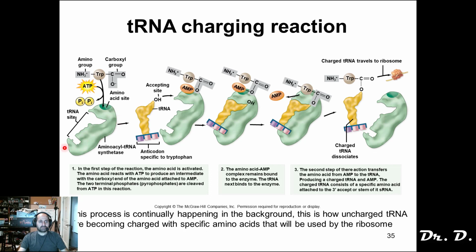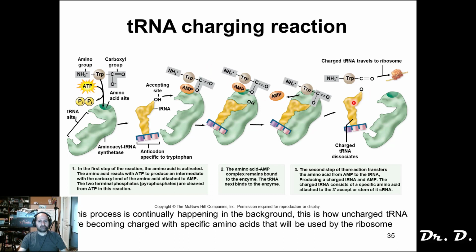And the enzyme responsible for that, you don't need to know this, is called aminoacyl tRNA synthetase. This enzyme takes tRNAs and adds the appropriate amino acid, in this case tryptophan, to the acceptor end of the tRNA.